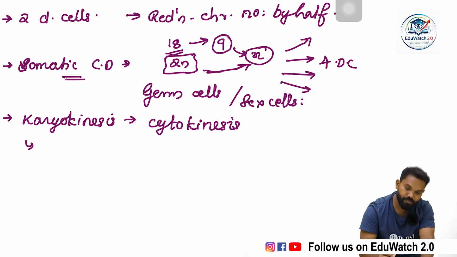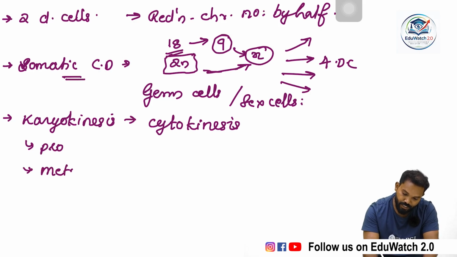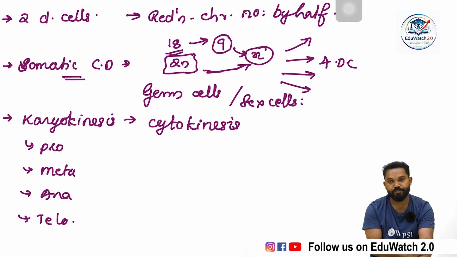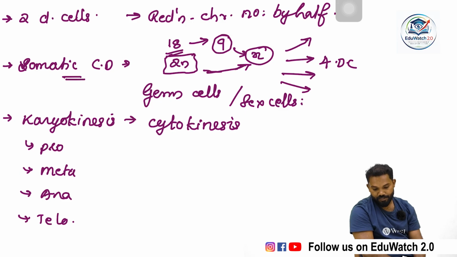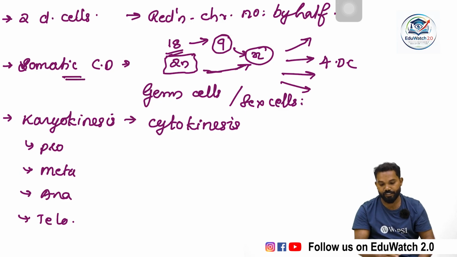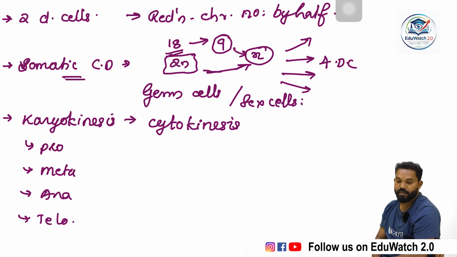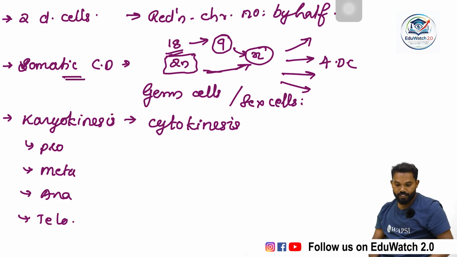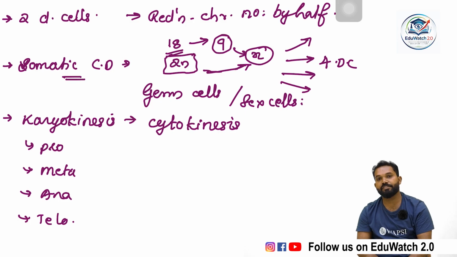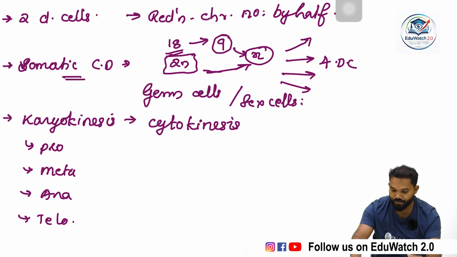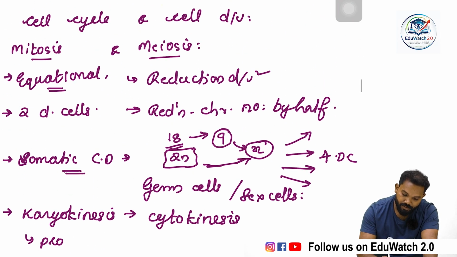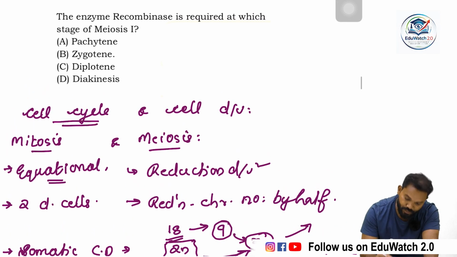Karyokinesis generally involves 4 steps: prophase, metaphase, anaphase, and telophase. So in mitosis, the first step is prophase, then metaphase, anaphase, telophase, and cytokinesis. The cell that enters karyokinesis comes from the cell cycle stage.